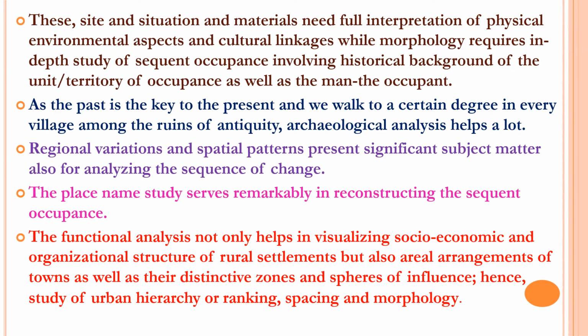Functional analysis not only helps in visualizing the socio-economic and organizational structure of rural settlement but also the areal arrangement of towns, as well as their distinct zones and spheres of influence, hence the study of urban hierarchy or ranking, spacing and morphology.